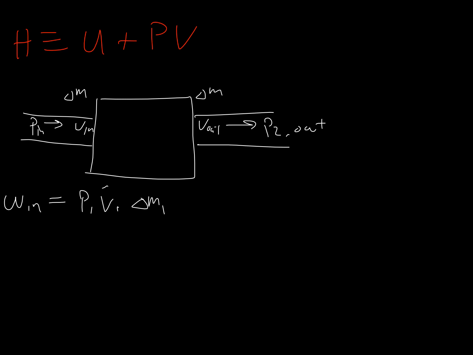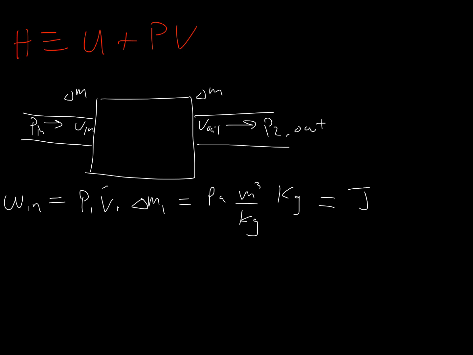If you look at the units here, pressure is in pascals. Volume is meters cubed per kilogram, and mass is in kilograms. So what is a pascal meter cubed? A joule.